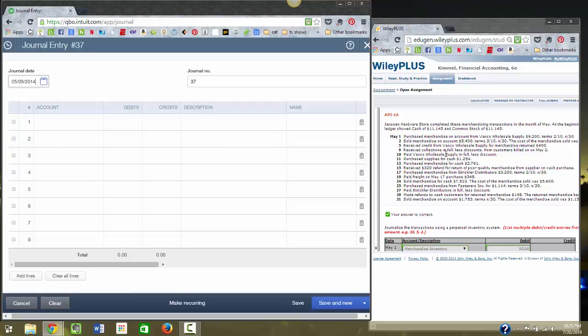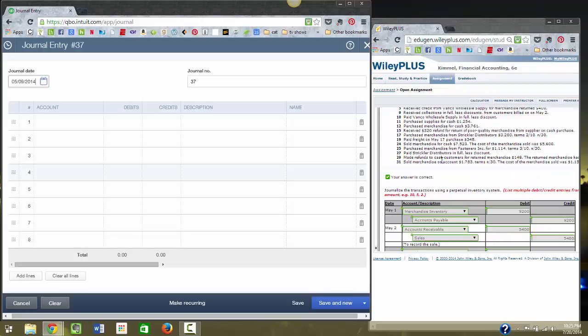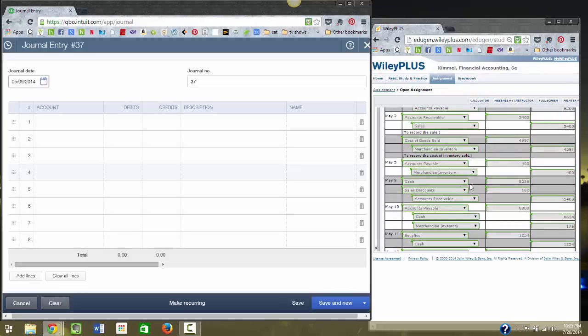Okay, received collections in full, less discounts from customers billed on May 2nd. May 2nd, we see that it was $5,400. So the first thing we know, we're eventually going to credit accounts receivable that $5,400.